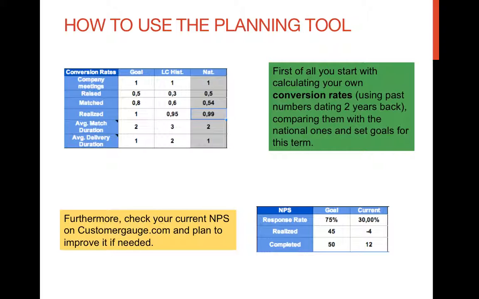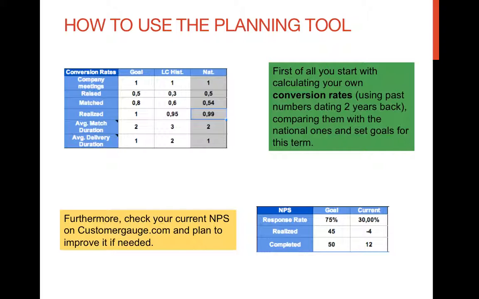Then after that comes the delivery duration. In your LC it's 2 months. That means after you've already matched the TN, how long does it take until the intern actually arrives in your LC and starts working? So usually that should not be higher than 1 month.